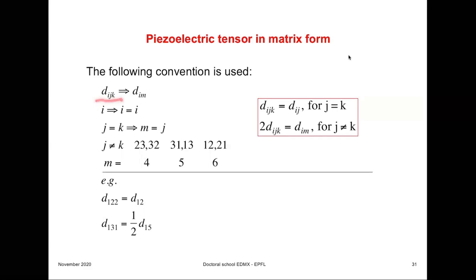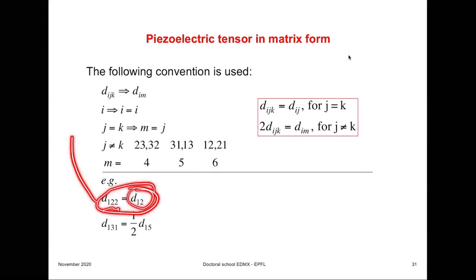We write d_ijk as d_im, where i we write as i, and when j and k are equal, we write m as j, and when j and k are different, those are these cases, we write m as either 4, 5, or 6. So for example, d1,2,2 we write as d1,2.